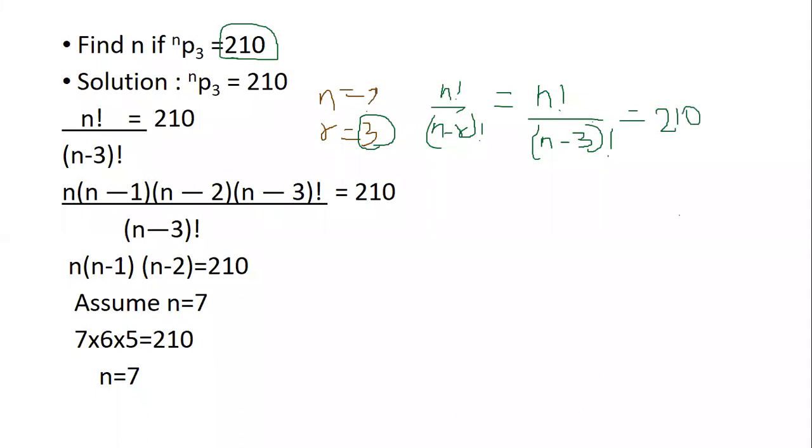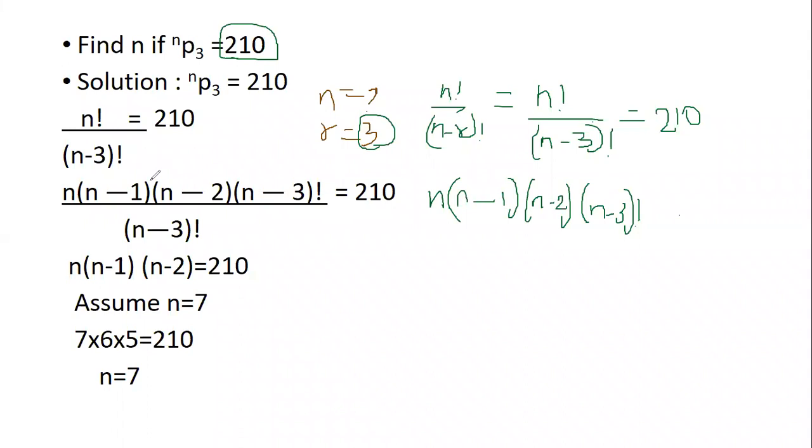Okay, so the next step is that we are going to expand this n factorial. Now what is the expansion for n factorial? n into (n minus 1) into (n minus 2) into (n minus 3) factorial.